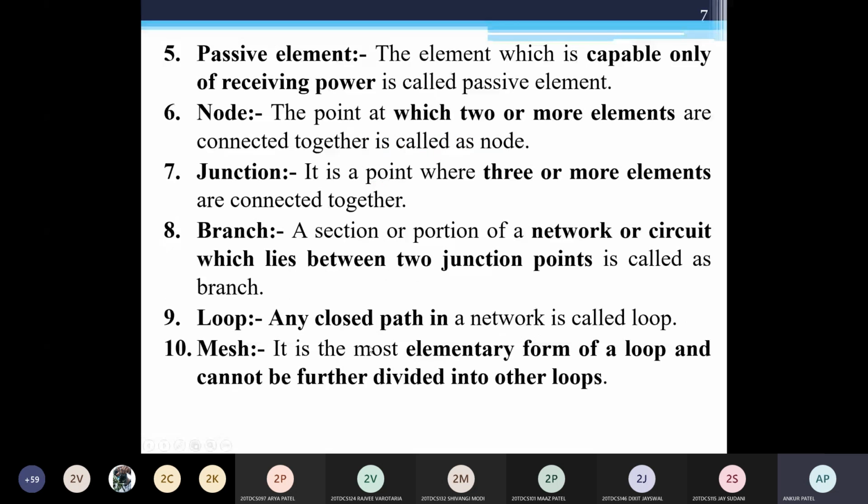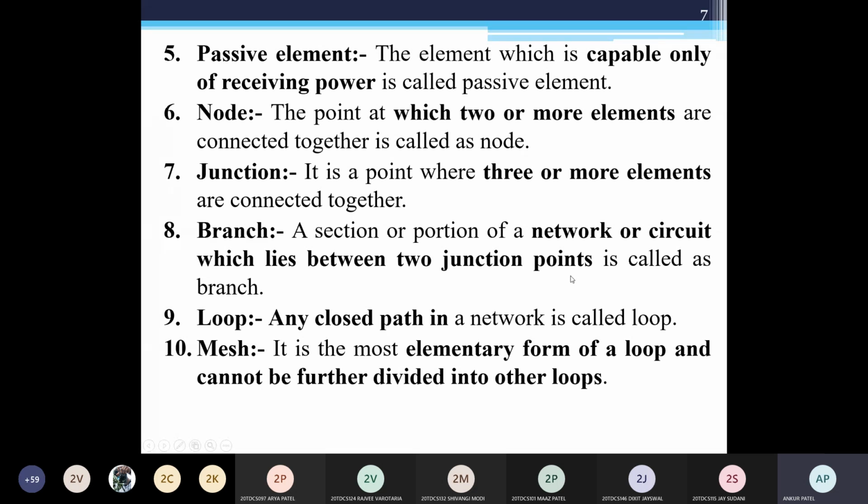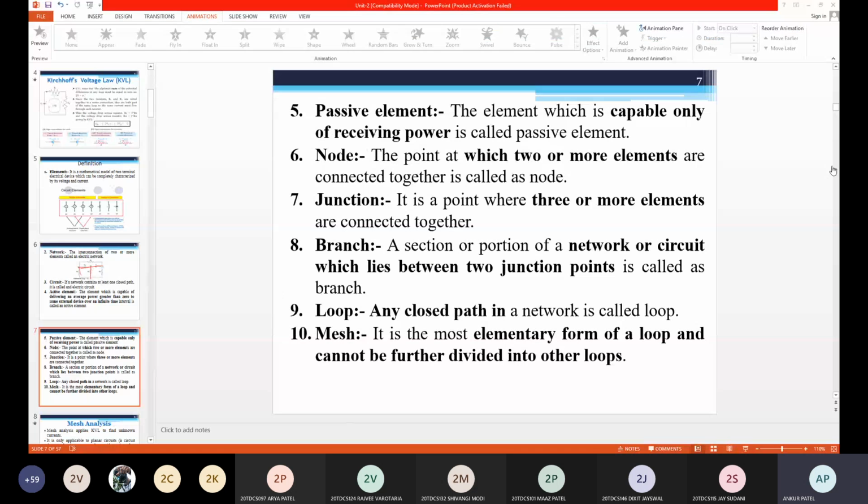Loop: any closed path in a network is called a loop. Okay, are you getting what I am telling, everyone?